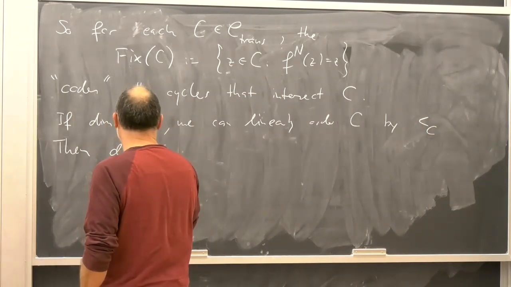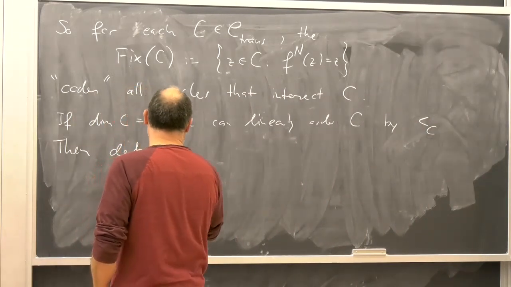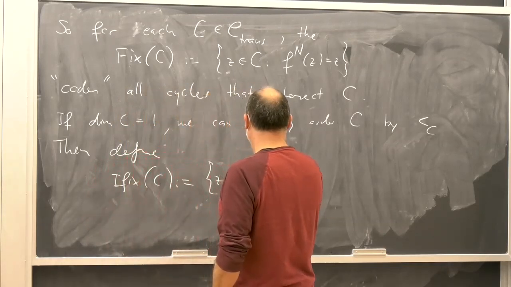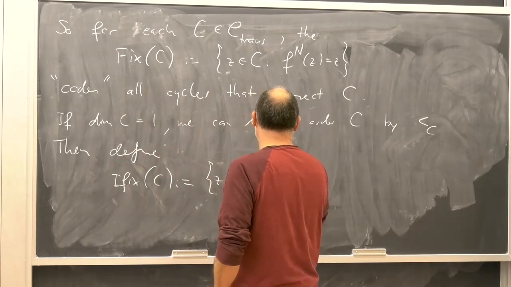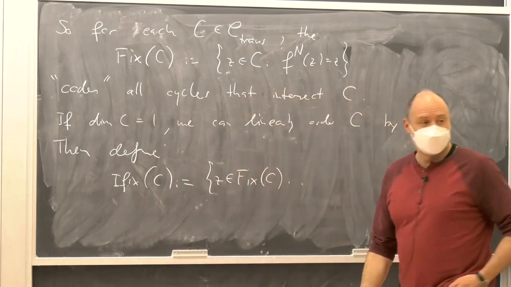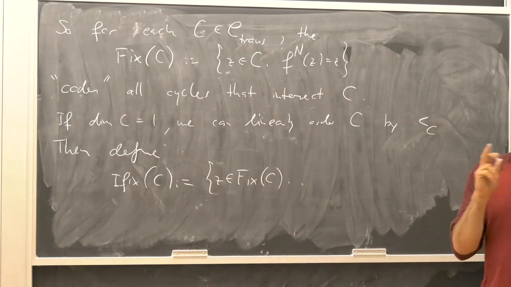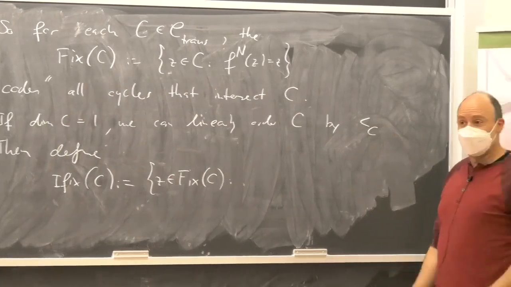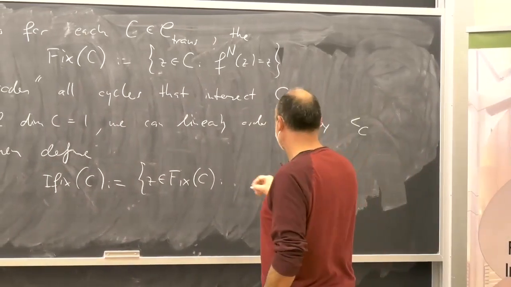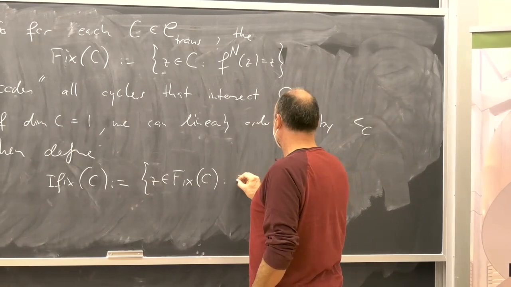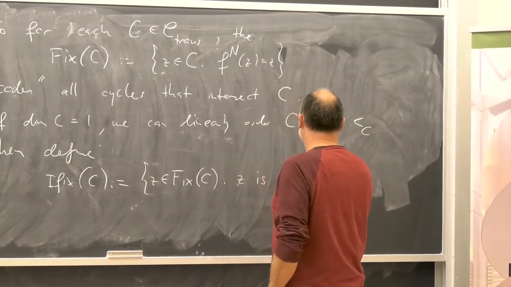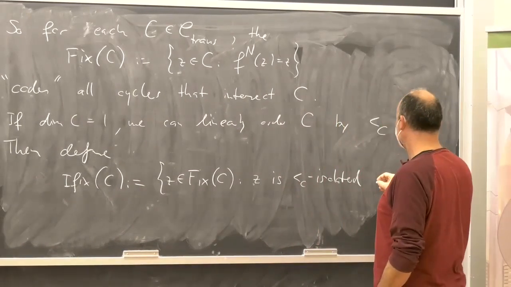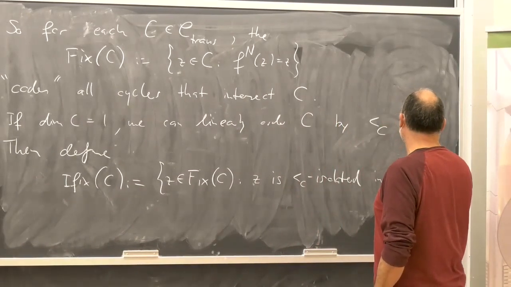So I fix of C, that's now the set of all those that belong to a cycle, but so that all nearby points with respect to this order topology are not on a cycle. So Z is isolated with respect to that topology in fix C.